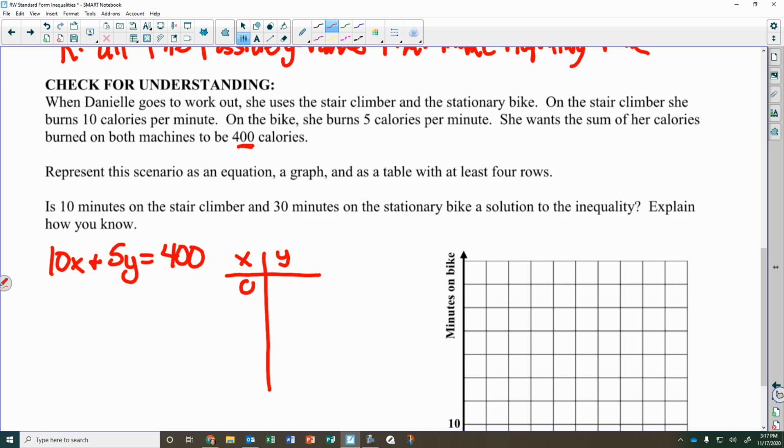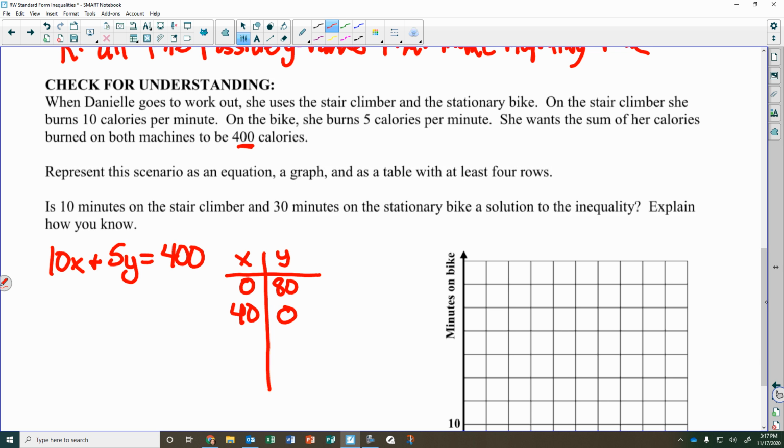well, we know we can do the x and y intercepts, right? If I put a 0 in for x, 5y equals 400, and if I divide 400 by 5, that is 80. And if I do the x-intercept, if I put a 0 in for y, 400 divided by 10 is 40. So those are our 2 intercepts.